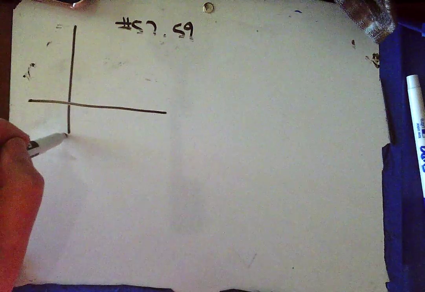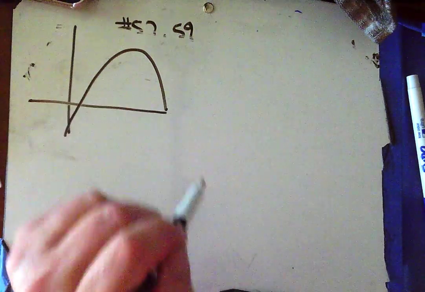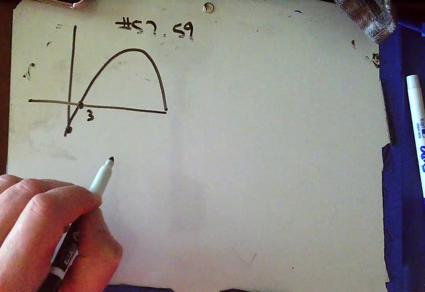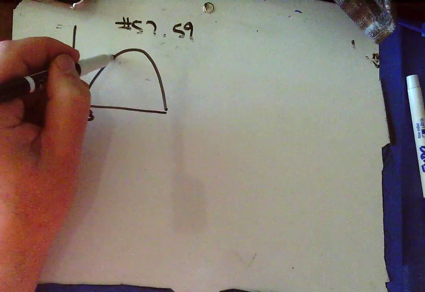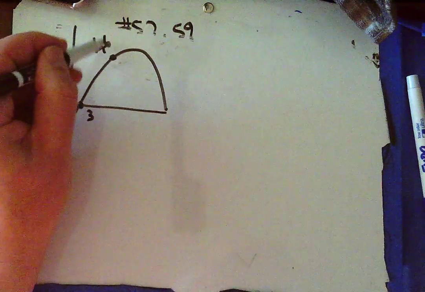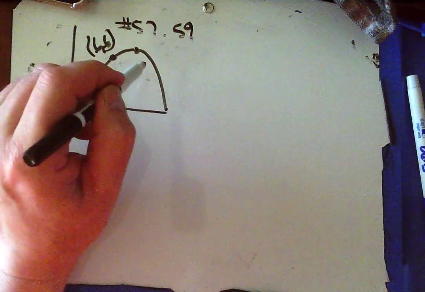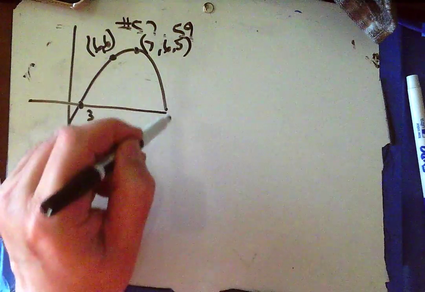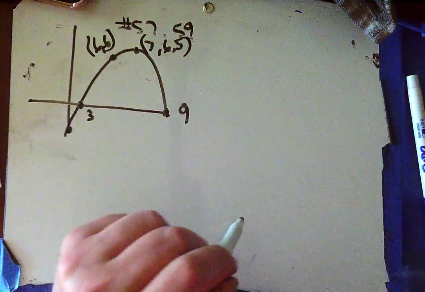Instead, I'm going to give you this graph. That's 3. This is 6, 6. This is 7, 6.5. And this is 9.